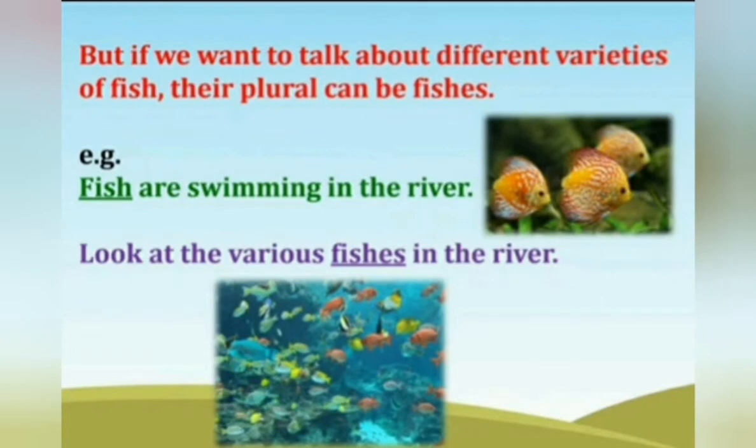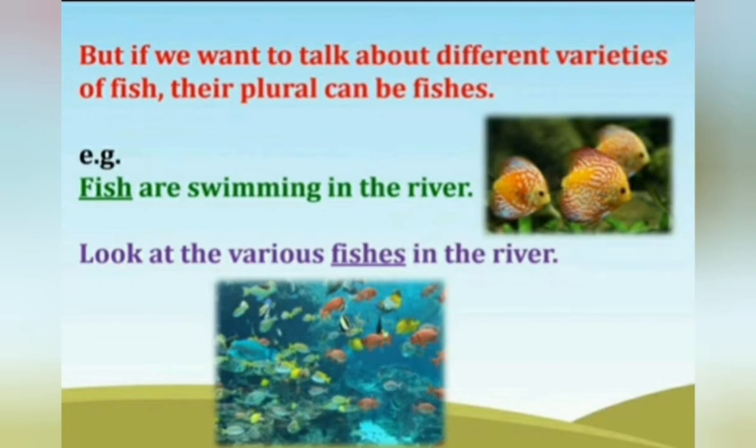But if we want to talk about different varieties of fish, their plural can be fishes. Example, fish are swimming in the river. Here look at the picture. Here we are talking about the same type of fish. So we use fish here, the plural of fish, fish. But in the next picture, we have varieties of fishes.